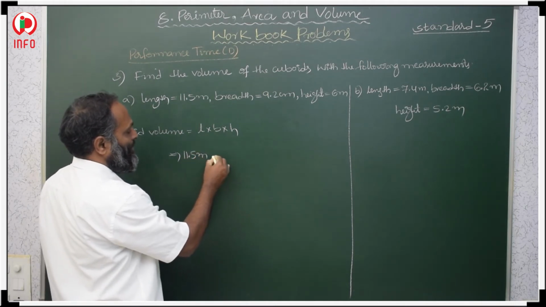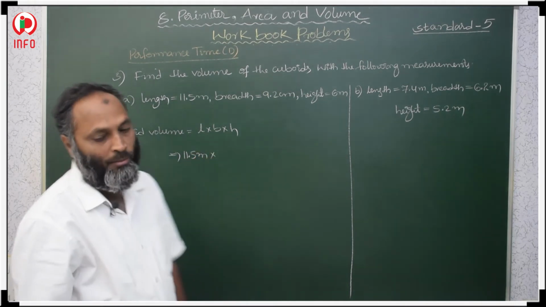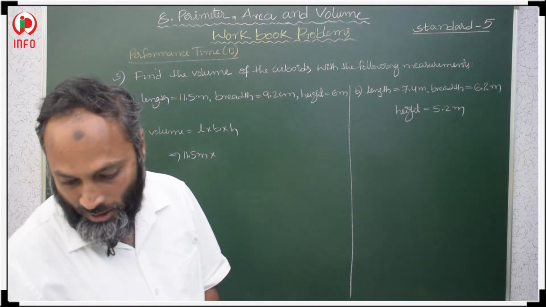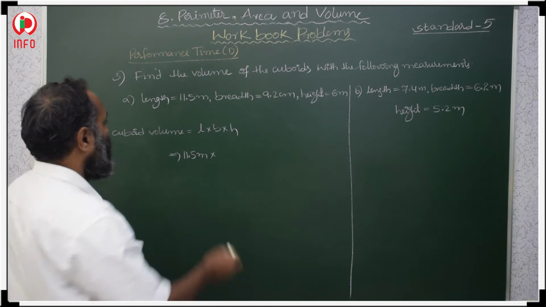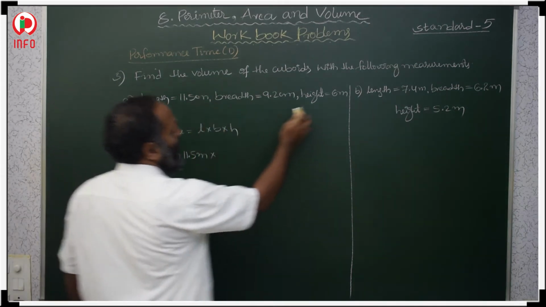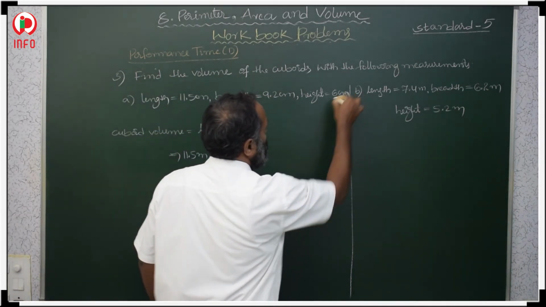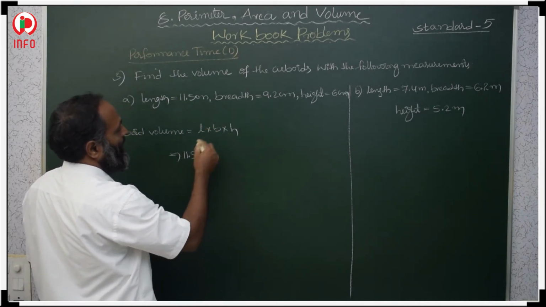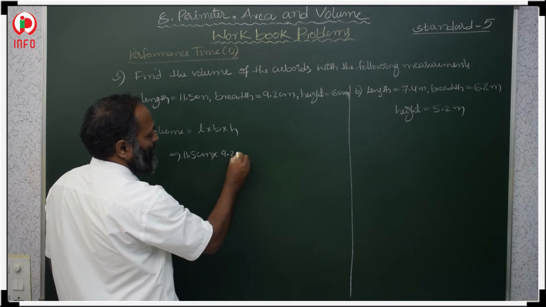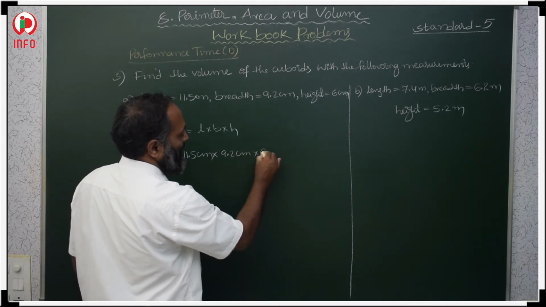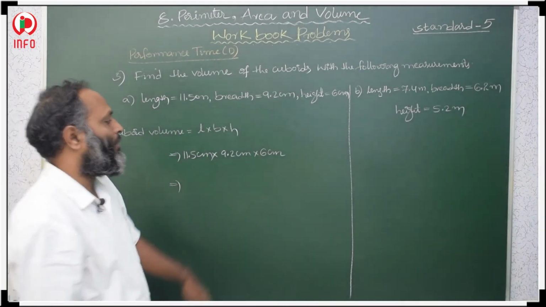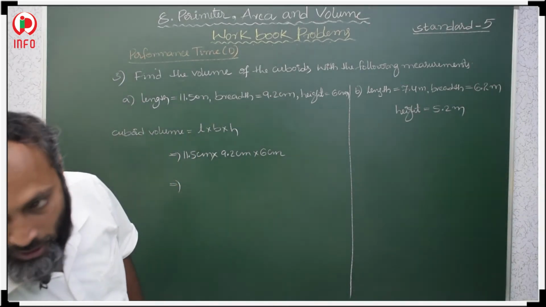See here, meters or centimeters, what is given here? All are in centimeters: 11.5 centimeters, breadth 9.2 centimeters, and height 6 centimeters. Now, we have to multiply all these three.